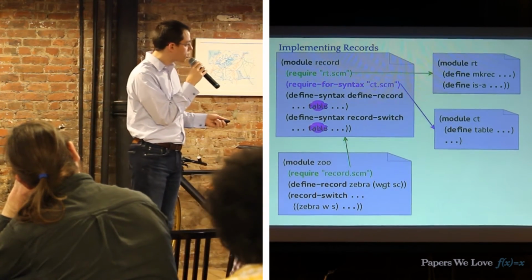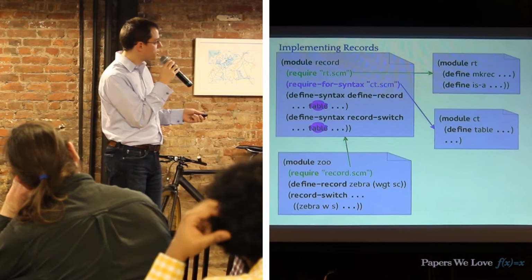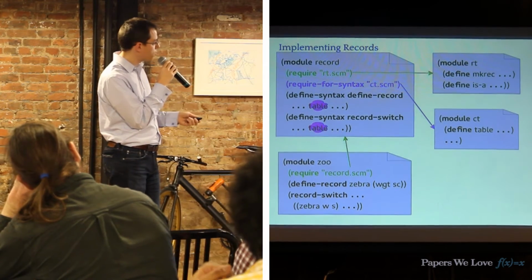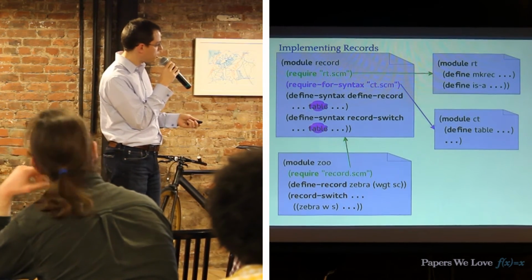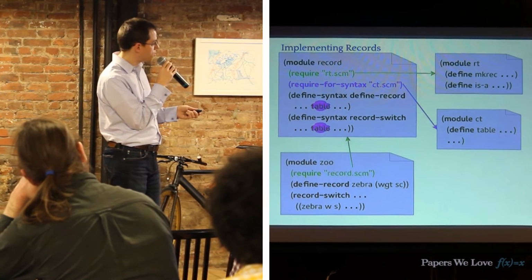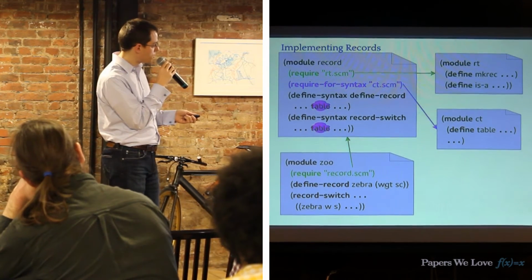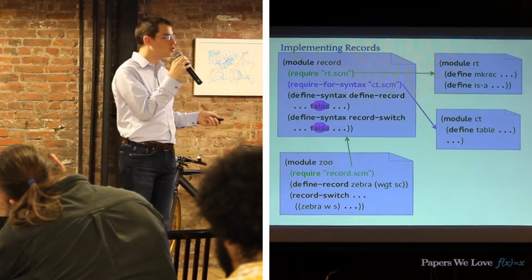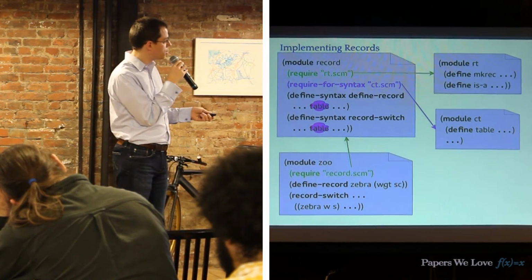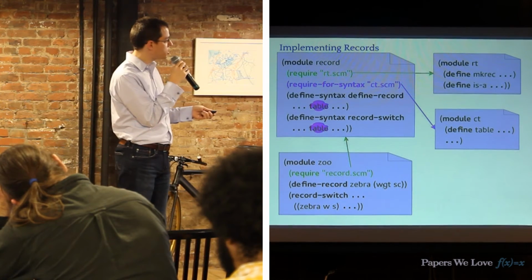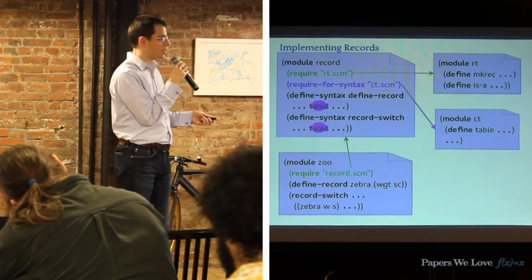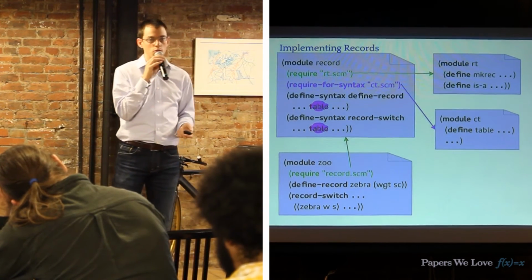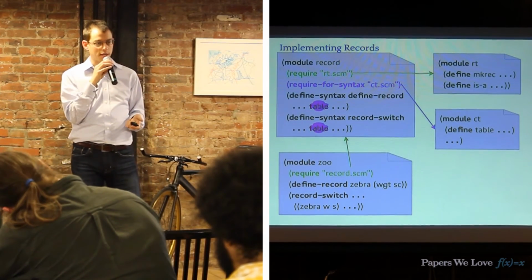And then we're going to load that at expansion time for the record module, which is again expansion time for the zoo module. So that means we're going to be able to use this table in the computation of what the answer is. So we can do things like check for syntax errors.